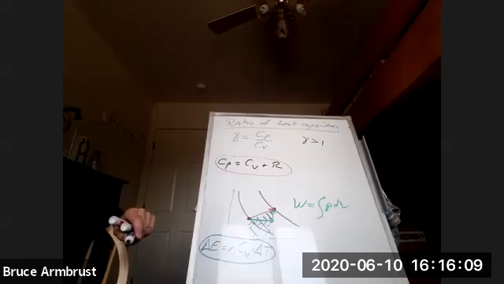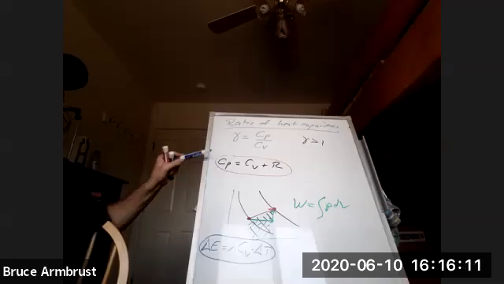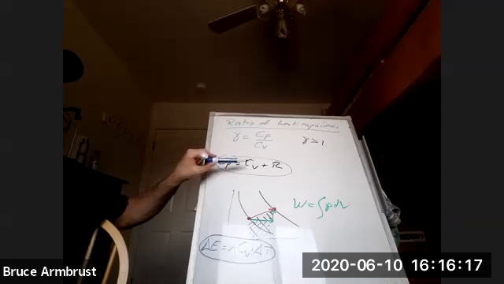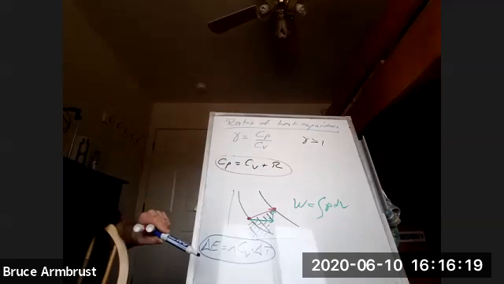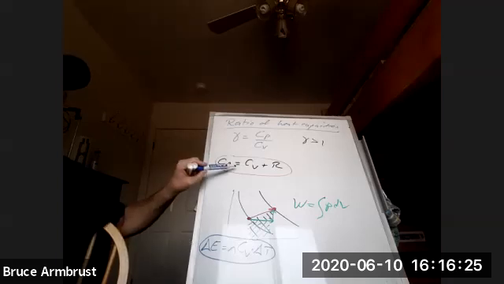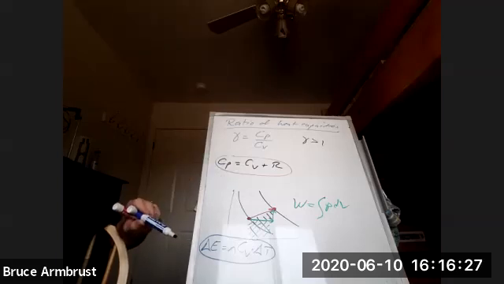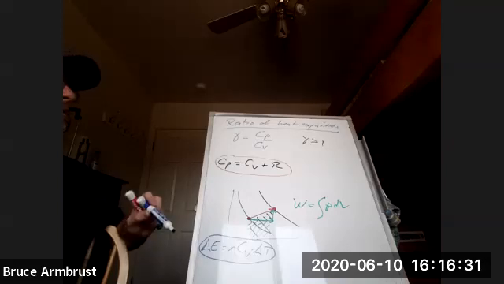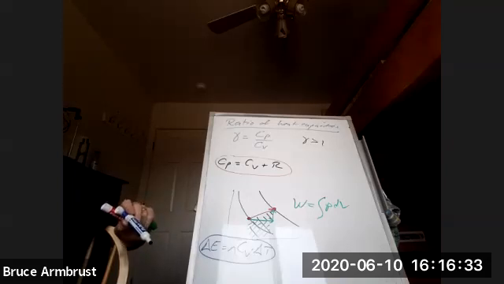Well, just look right below, circled in red. CP is CV plus R. We always add R to get our CP. So by this fact, we know that CP has to be bigger than CV, and therefore this gamma is going to be greater than 1.